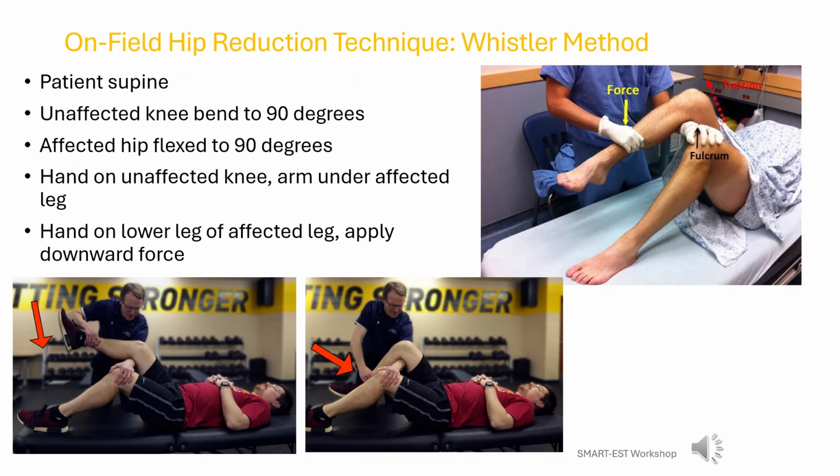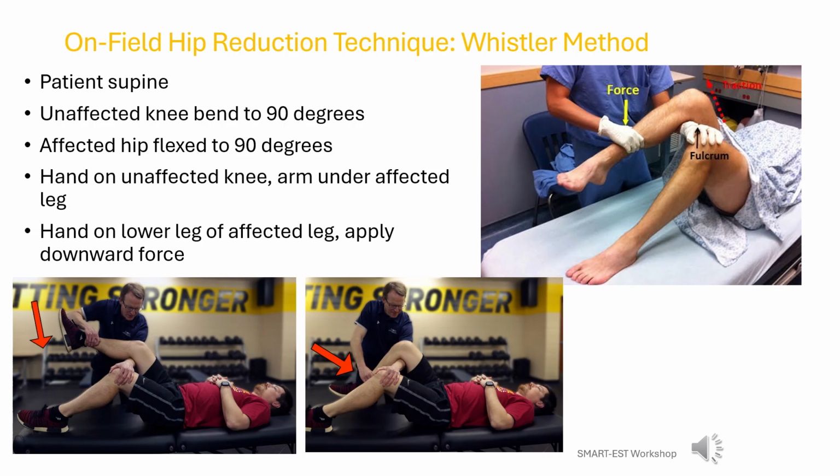Another hip reduction technique is the Whistler method, which can be performed by just one healthcare provider. This occurs again with the patient in a supine position. Unaffected knee is bent to 90 degrees. The affected hip is flexed to 90 degrees.